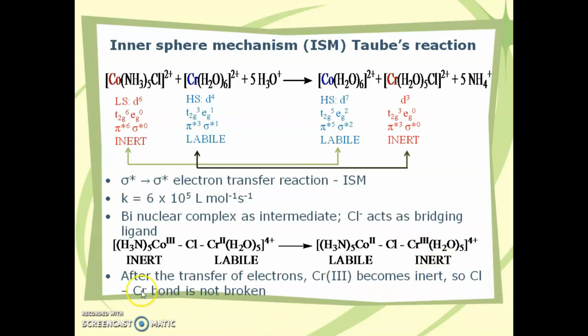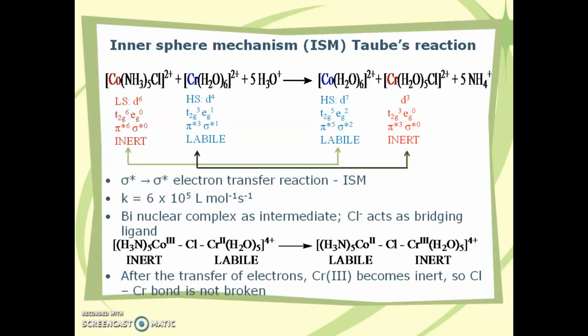That is why in the product the chromium complex has the chlorine ligand with it, whereas initially it was with the cobalt complex. So there is a transfer of electron from sigma star of the cobalt complex, and there is a gain of electron in the sigma star orbital of the chromium.